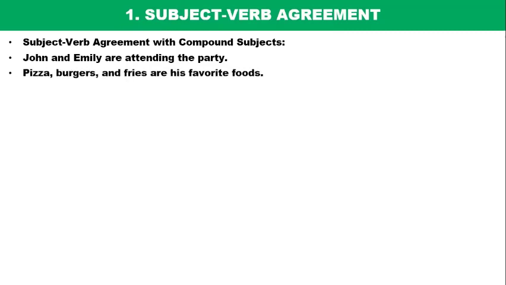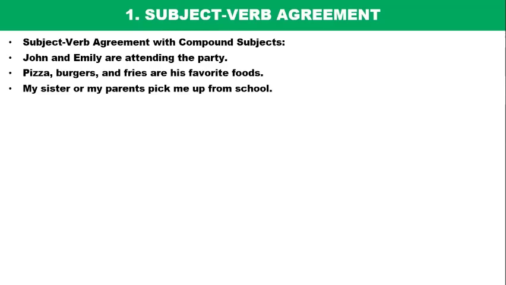Let's look at the next example. Pizza, burgers, and fries are his favorite foods. The compound subject here is pizza, burgers, and fries, and this compound subject agrees with the plural verb are. Now, the next one, my sister or my parents pick me up from school. In this example, the compound subject, my sister or my parents, agrees with the plural verb pick.